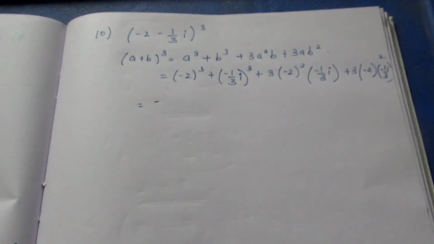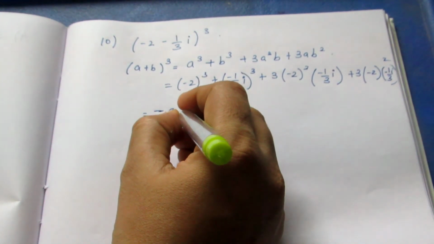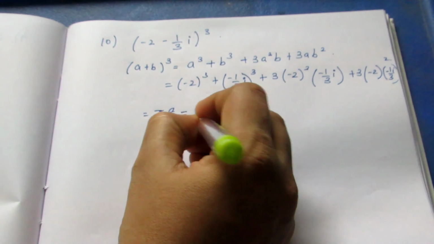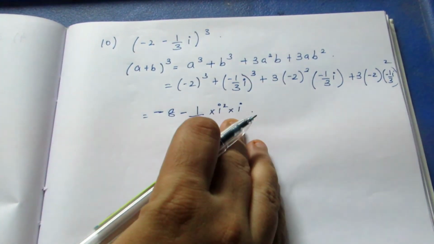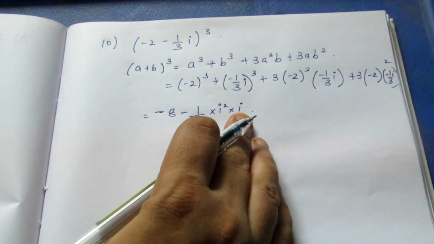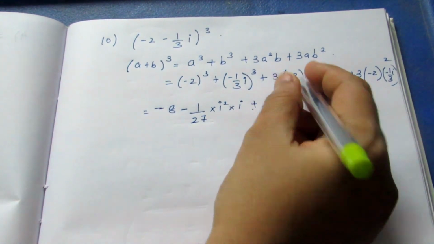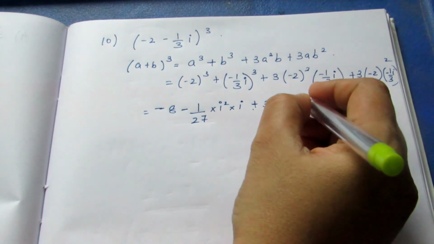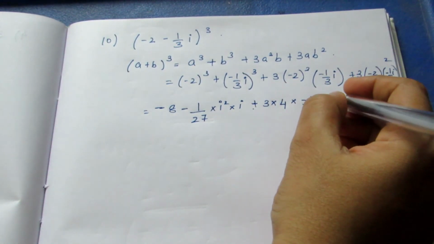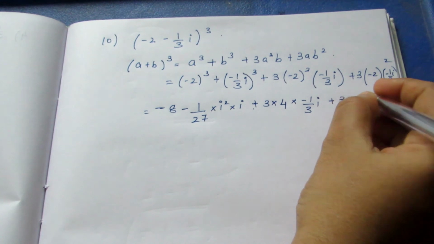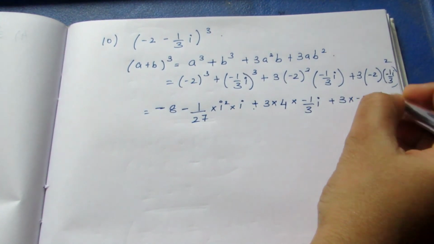It becomes minus 8 minus 1/27. i cube can be written as i square into i. If you don't know i cube directly, just write i square into i. Here it becomes plus 3 into 4 into minus 1/3 i. Here plus 3 into minus 2 into 1/9 i square.